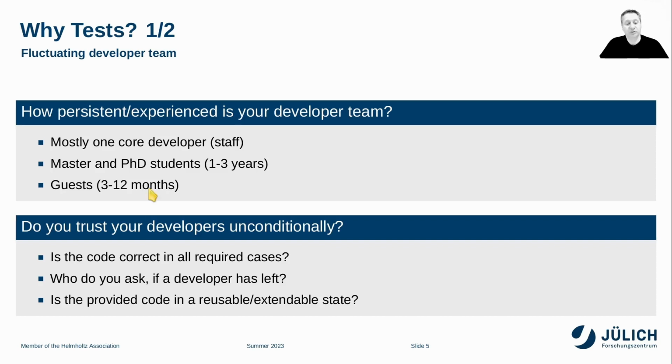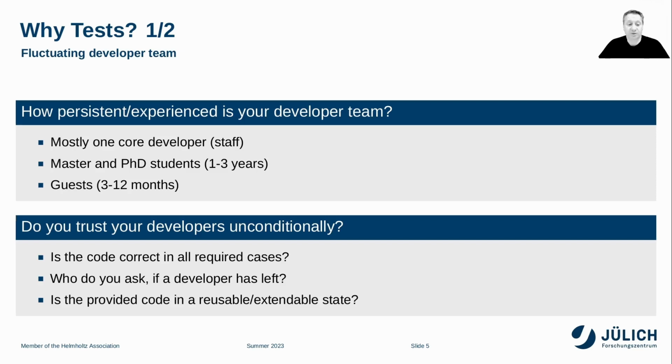And the second question you could ask yourself is, do you trust your developers unconditionally? So some questions that might come up are, is the code correct in all the required cases? Or did the person that wrote the code just test for a special case he needed? A second question, which is also really important, who do you ask if a developer has left, if something isn't clear in the code?